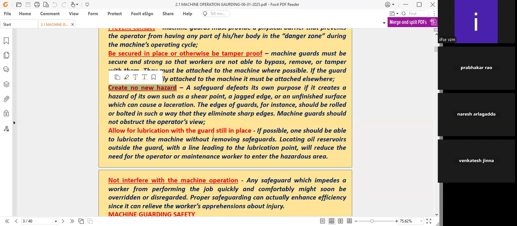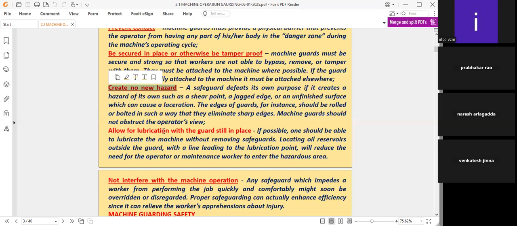Allow for lubrication with the guard still in place. Very important point here. Nowadays, some equipment has a guard, but without removing the guard they can lubricate. Beside the guard, where there is a nip point, they open the glass cap, fill a funnel, and pour the oil. Through the funnel bottom, the lubrication goes to the impellers. That facility also comes with the guards.